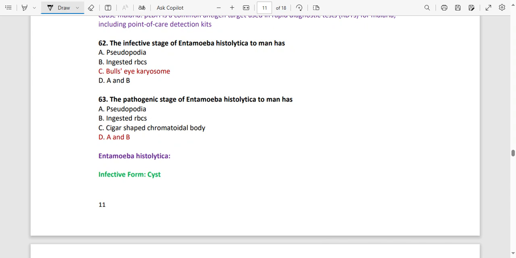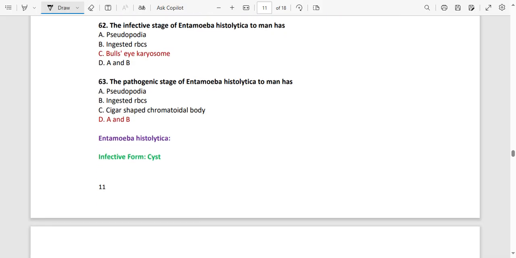Pseudopodia is part of which morphology of the parasite? The trophozoite. Thank you. How about the ingested red blood cells? It's also trophozoite. So yes, so those are not. It's a bullseye karyosome.